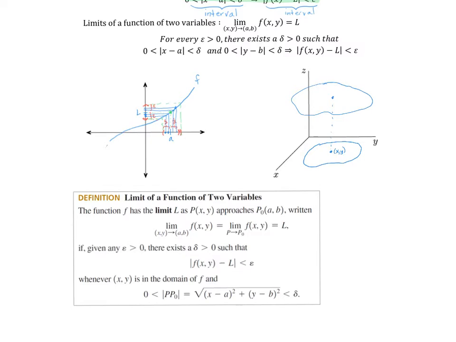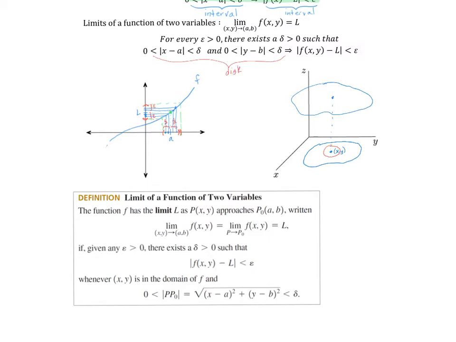The problem is that these are points x and y. So instead of an interval, what I'm going to do is go some delta distance out and find what we call a disk. That disk is described by looking at intervals around x and y.